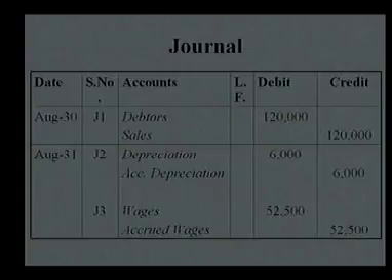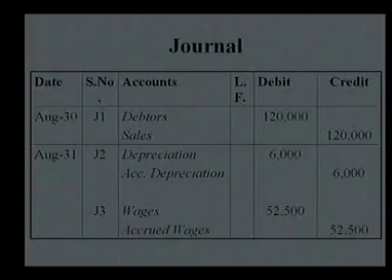As per our convention, increase in expense is to be recorded under debit side. So, accordingly it has been shown here, and accumulated depreciation, which is nothing but the sum of this month's depreciation plus the cumulative depreciation till the previous month, is nothing but a liability. So, increase in liability you record it under credit side.